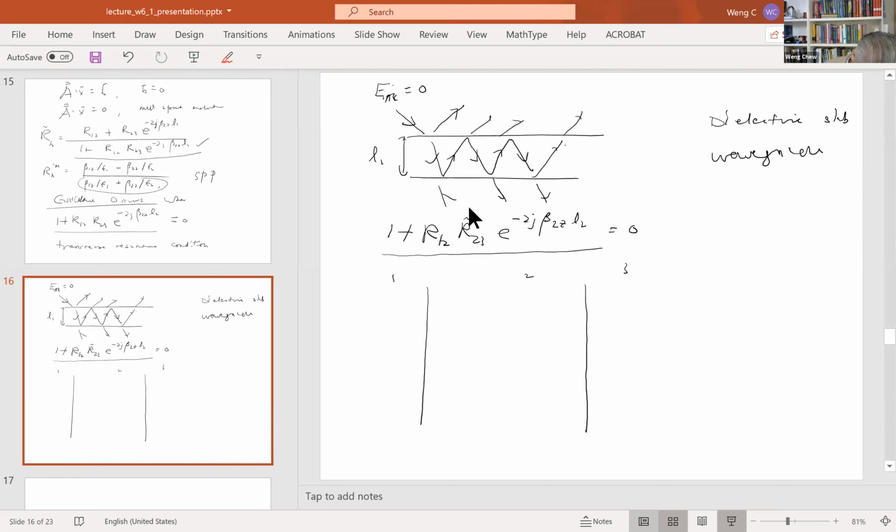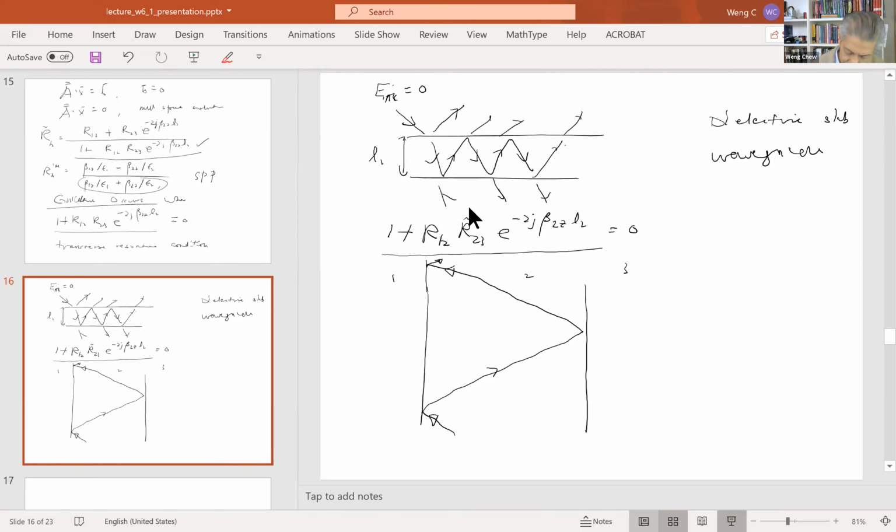Then we assume that the wave bounces at one of the interfaces and is reflected once, then bounces back again, and is reflected the second time around.